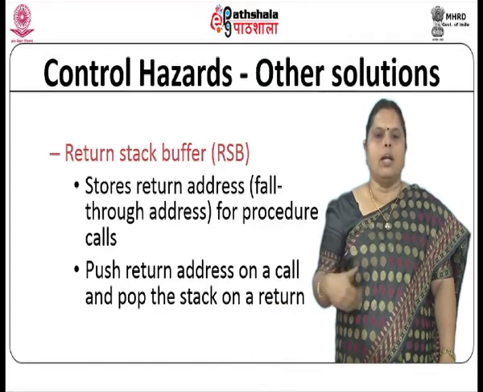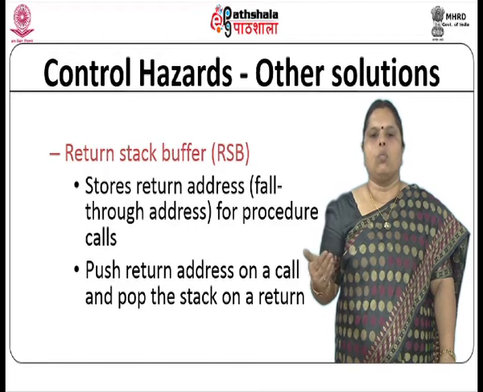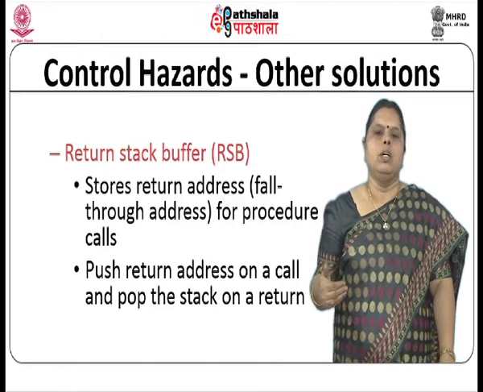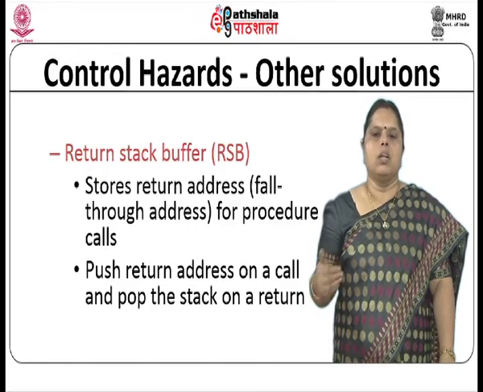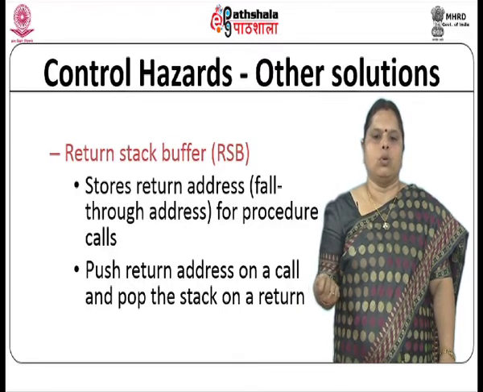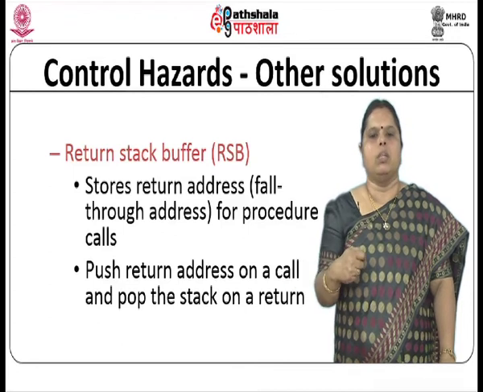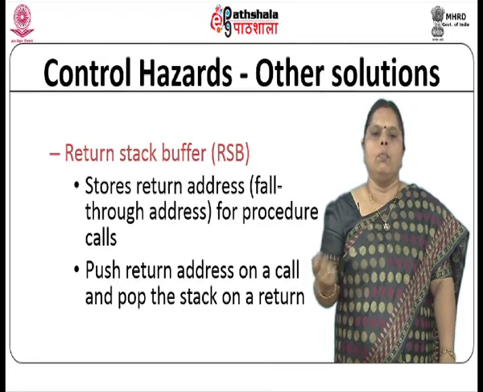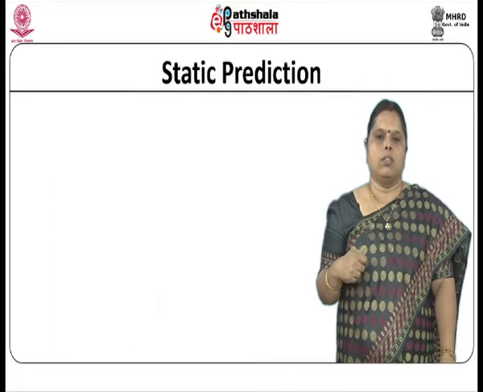In order to handle this, additionally you have what is called a return stack buffer, which is implemented in a processor. This stores the return address or the fall through address for procedure calls. Whenever you make a procedure call, it pushes the return address onto the stack, and when you return from the procedure call to the main program, it pops the return address from the stack.